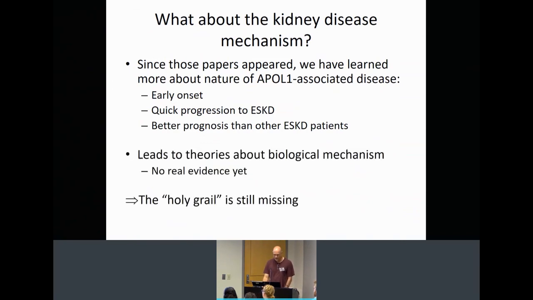So actually, people have been working on this. We're talking about the middle of the 2010s. Since then, many people have been working on it, and there's one major piece of the puzzle that remains: what's the mechanism of getting kidney disease with this? What's the actual connection of APOL1 to kidney disease? We know the connection to trypanosomiasis, but what's the connection to kidney disease?